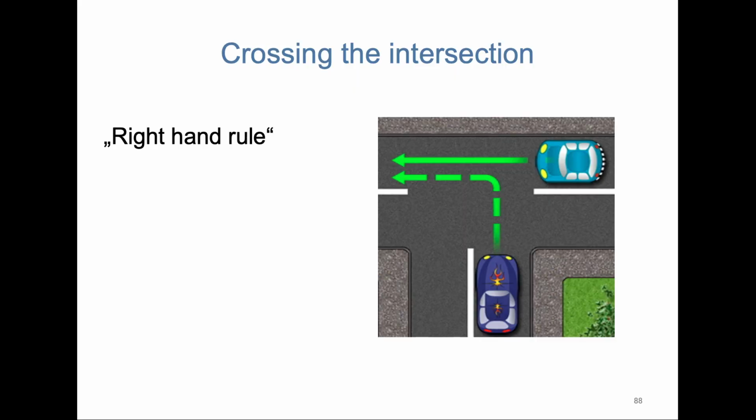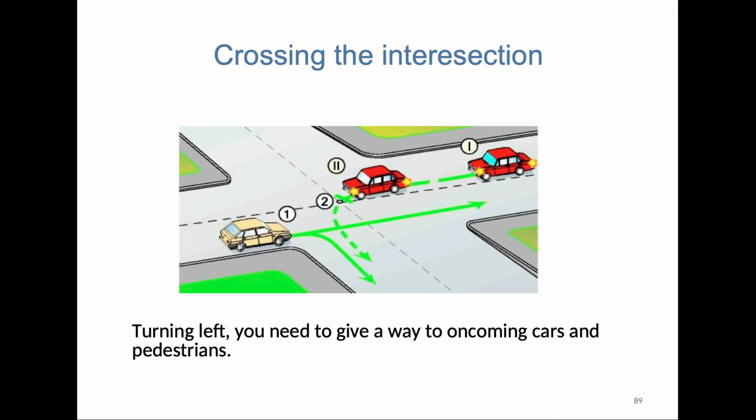Right hand rule, about that we talked already. And crossing the intersection. Turning left, you need to give way to oncoming cars and pedestrians. You see here on the picture that when you turn left and there are no signs, no traffic lights, you have to wait in the center of the crossroad. You wait in the center, give way to the oncoming car.